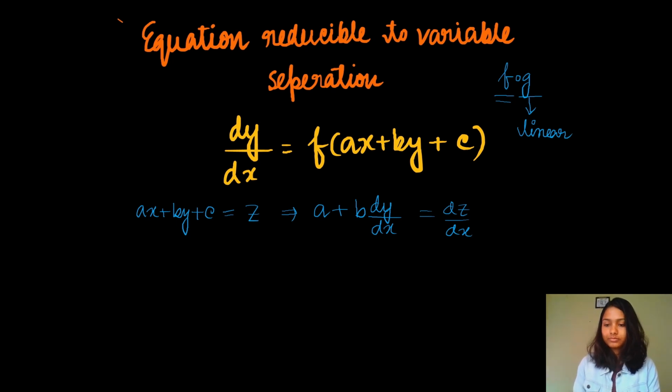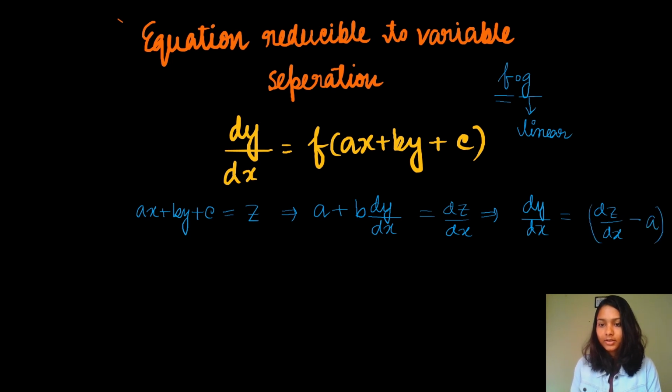So from here, dy/dx equals dz/dx minus a, times 1 by b. So this equation will become like this.